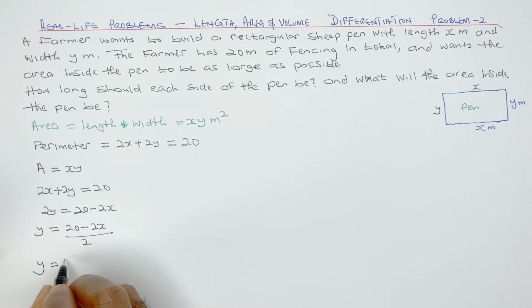y equals 2 into bracket 10 minus x over 2. I've taken 2 as a common factor from the numerator, cancel 2, and y equals 10 minus x.